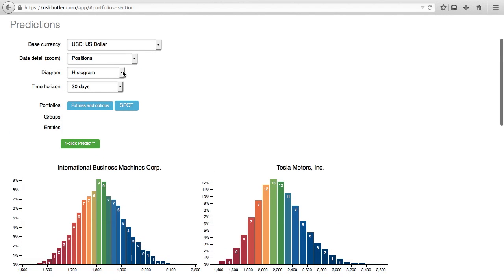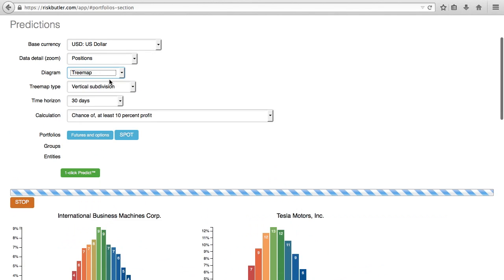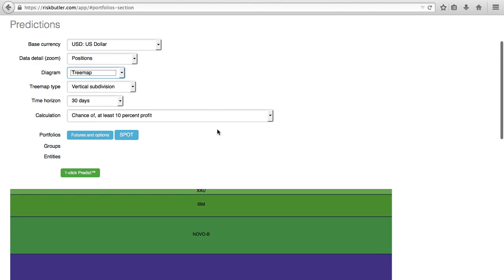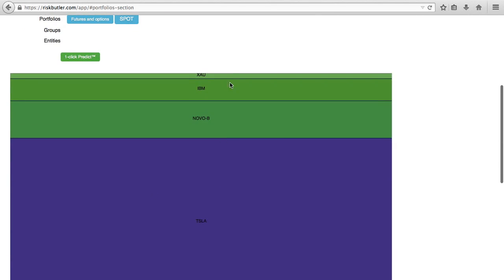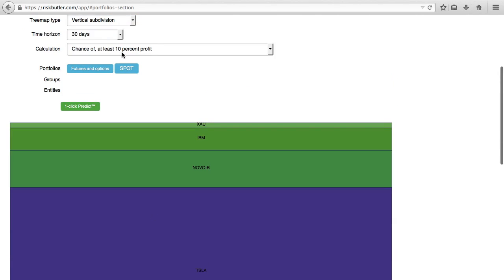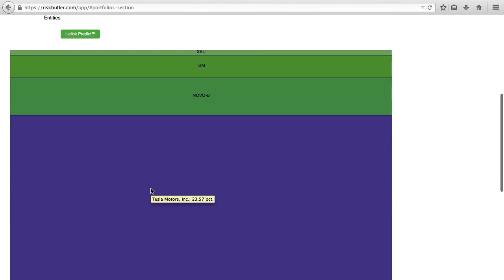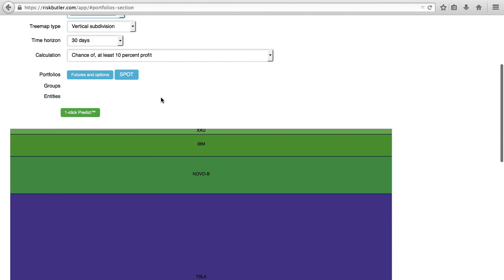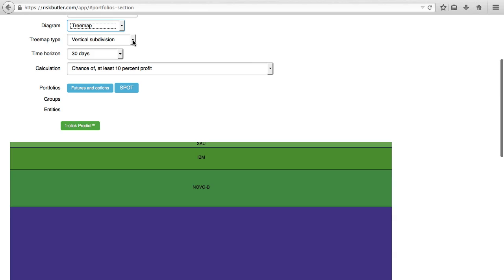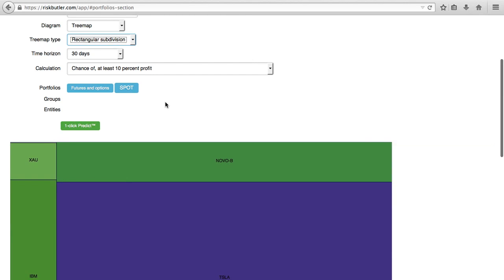So if we take another diagram, we could take the tree map. You can see we have these bluish colors here, so we are looking at the chance of at least 10% profit. And we can also select the rectangular subdivision instead. It looks like this.